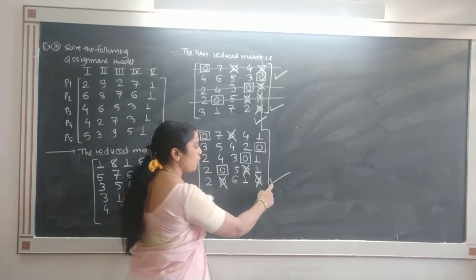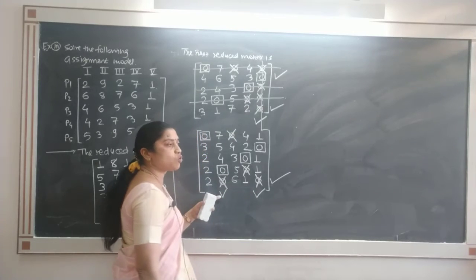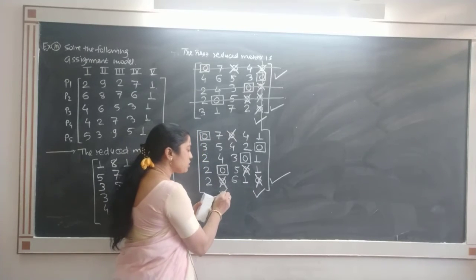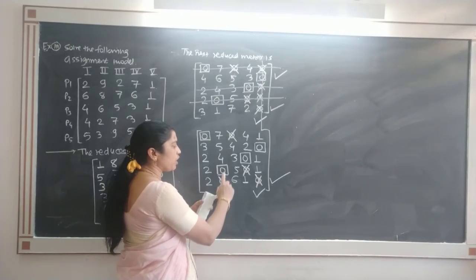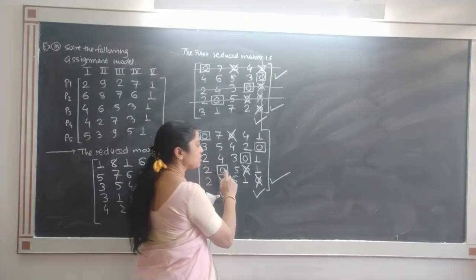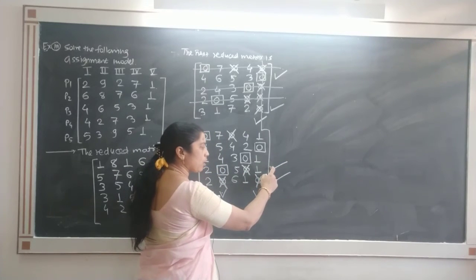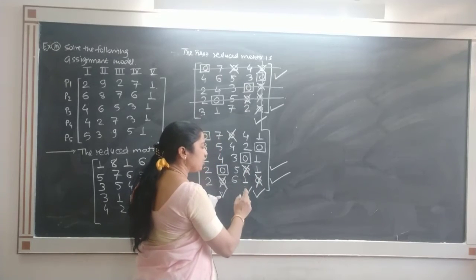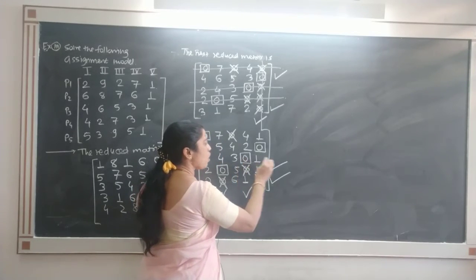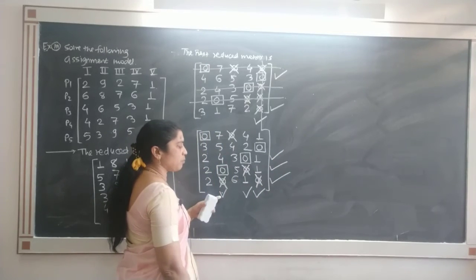In that row where 0 appears, now observe that there are 2 columns where 0 appears. We will first start with this column and then this. In this column where assigned 0 appears, assigned 0 is here, so mark this. In that marked row again where 0 appears, that is this column, and in this column where assigned 0 appears, that is this row. So the first circle gets completed.